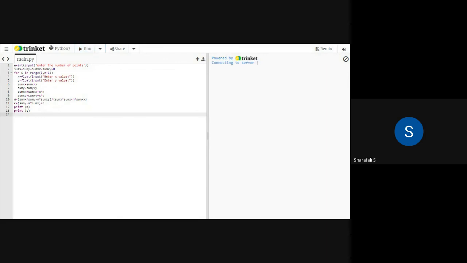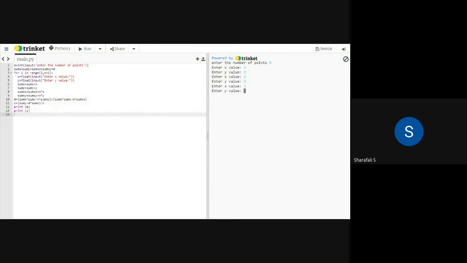I will just run this program. First it will ask me the number of data points. I will put 6. That is what we have done in the example, so the same value I will give here. The values are: first x value is 1, y value is 2, the next x value is 2, y value is 4, the next x value is 3.